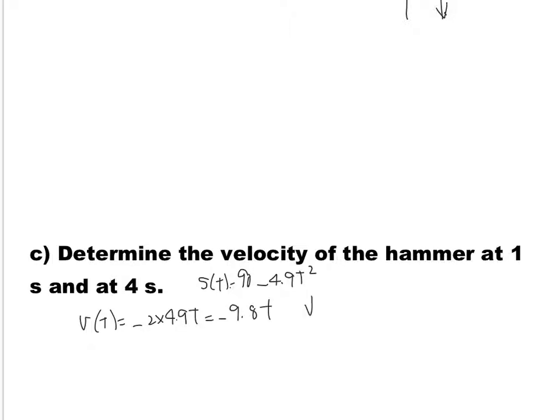So the velocity at time t equal to 1 is negative 9.8 meters per second, and the velocity at 4 is minus 9.8 times 4, which is equal to negative 39.2 meters per second.